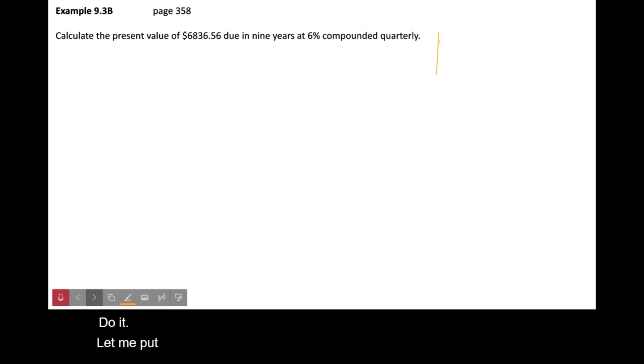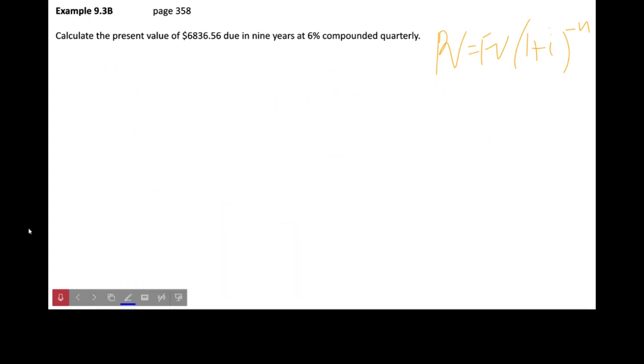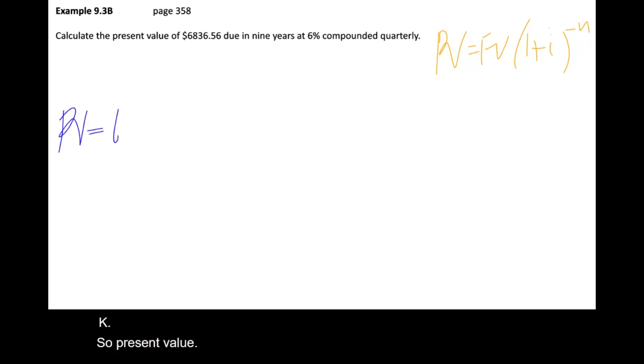Let me put the present value formula here. Okay, so present value is 683656.